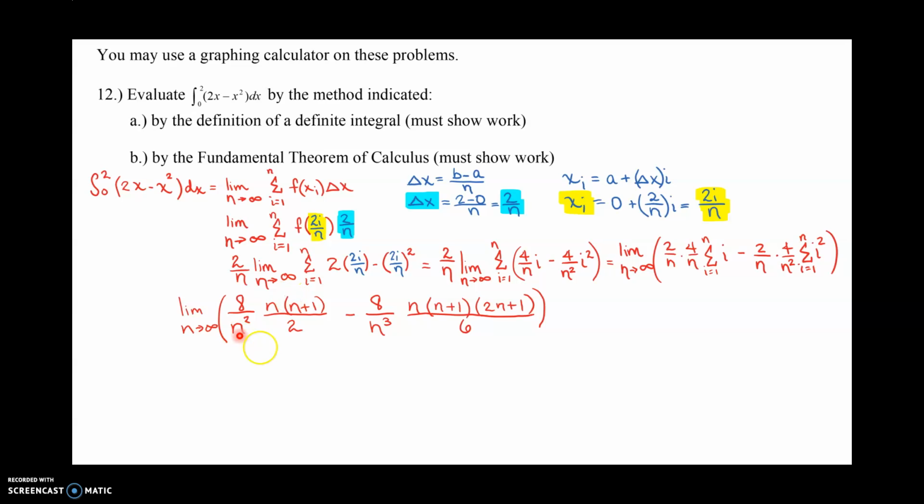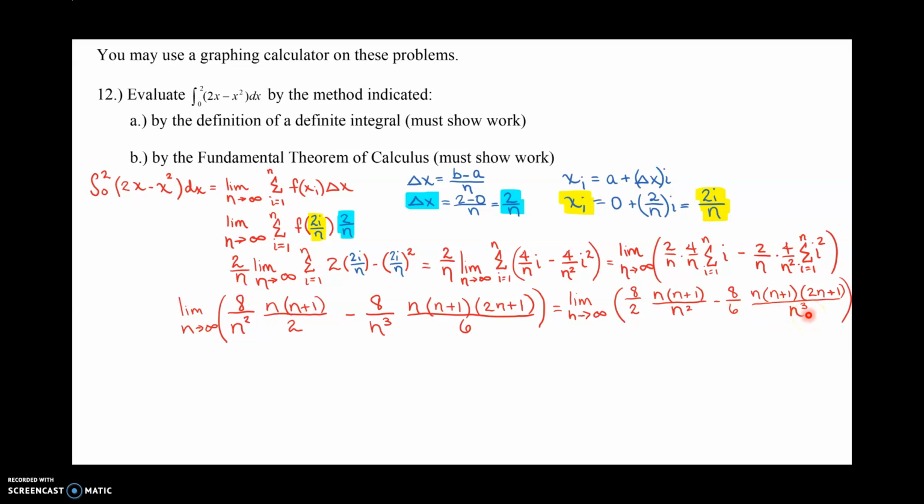So I'm just going to switch places with these two, and the same thing with the n cubed and the 6 as well. So if I do that, then over here you can see I've got 8 over 2, which will give us 4, and we've got all our n's together. And then we've got 8 over 6, which would give us 4/3, and we've got all of our n's together.